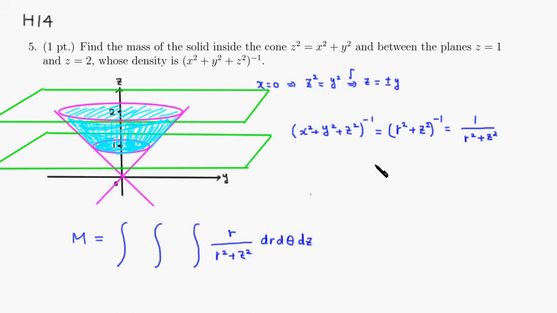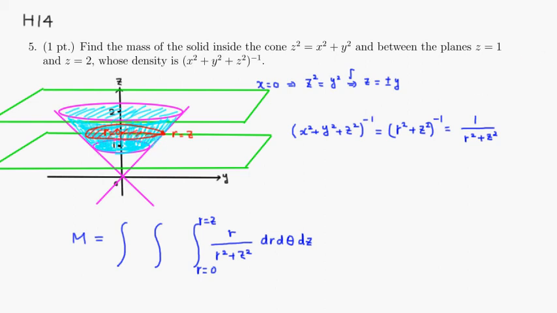Then remember that the bounds are r equals 0 to r equals z. That's for fixed theta and z. You go from here to there, and here r equals 0, here r equals z. Then we can rotate this around like this to cover the disk.